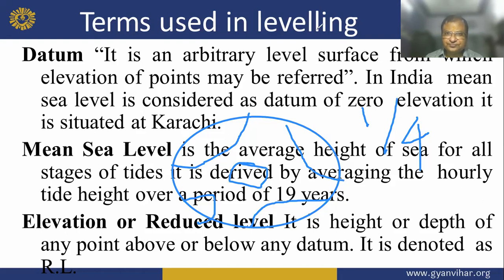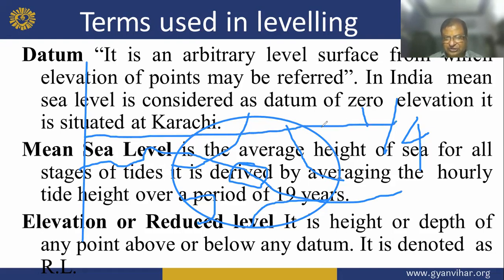Suppose this is the point, this is the meter, and in the situation when the sea is quiet, the sea position is like this. It means you will mark this and write this is 0.